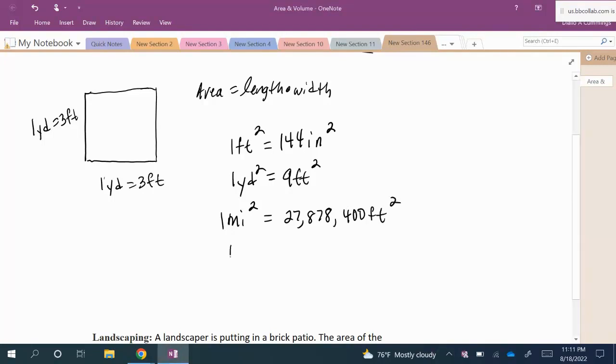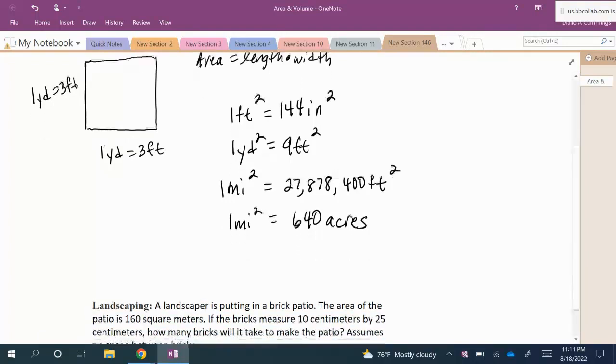And we also have that 1 square mile is equal to 640 acres. And from these conversions, we'll take a look at some problems.